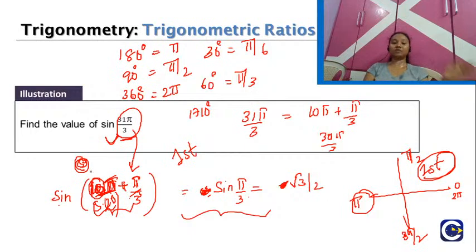If it is in terms of an odd number, that means here it is 10 pi. 10 pi is even, so you can go to your 360 degrees. If in case it is 9 pi, which is odd, then you can go to your 180 degrees. So you have to see even or odd.